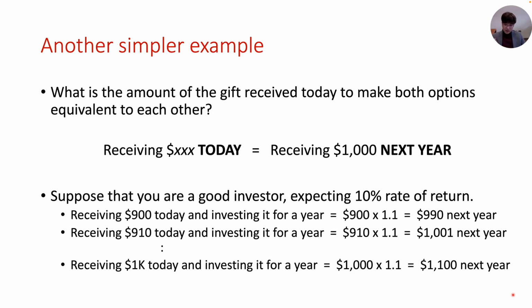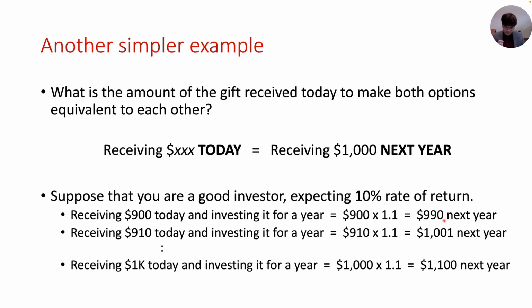That is, if you receive $900 today and invest it for a year, you will have $900 times 1.1, which equals $990 next year. In this case, you'd better take $1,000 next year.